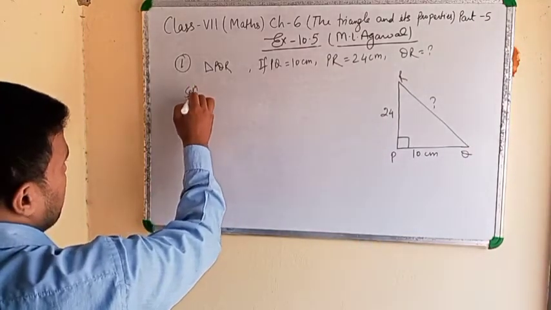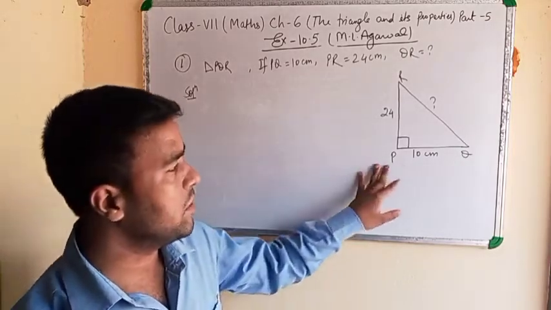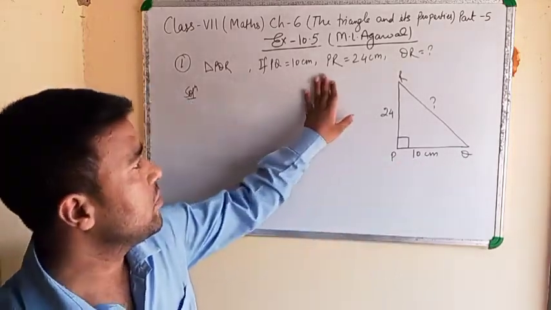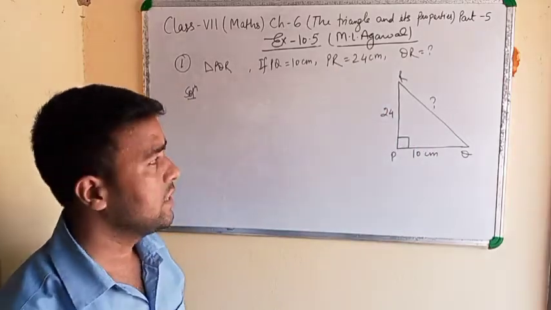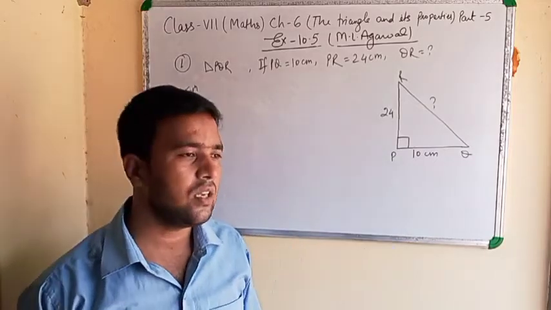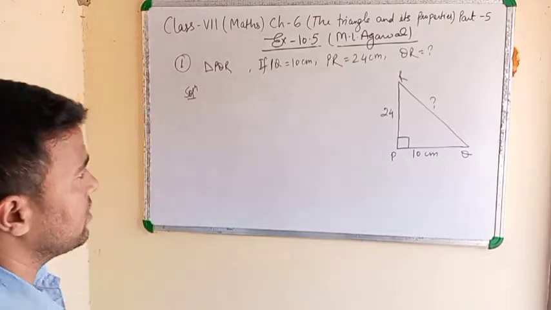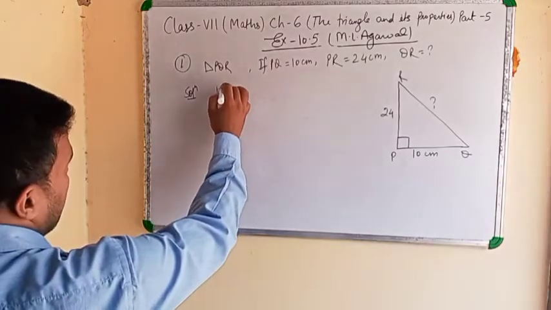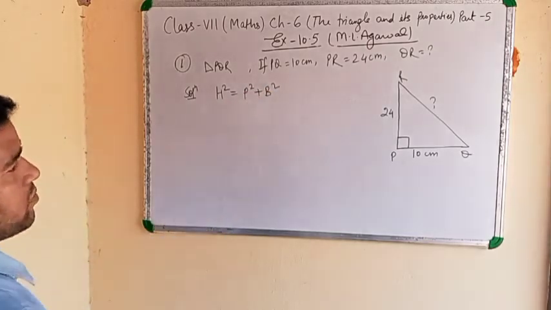Solution: in triangle PQR, PQ is equal to 10, PR equal to 24, QR to be found, right-angled at P, as given in the question. Here we are asked for the value of the hypotenuse. We know the formula h square equals p square plus b square.